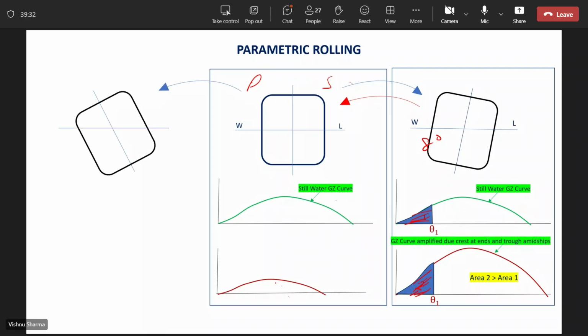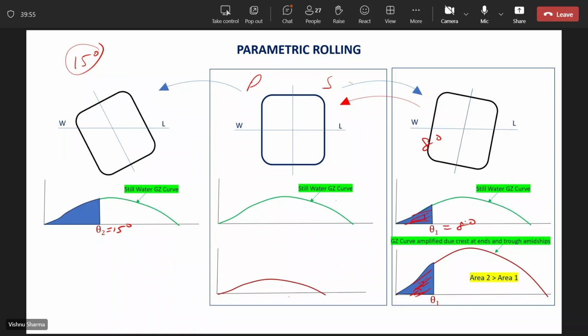Now, as she reaches the extreme port, if she started at 8, maybe this is 15 degrees. Now, as she starts back from here, this is the calm sea condition. She's gone to theta 2. Theta 2, I'm saying, is 15 degrees, for example. I'm taking theta 1 as 8 degrees in my example.